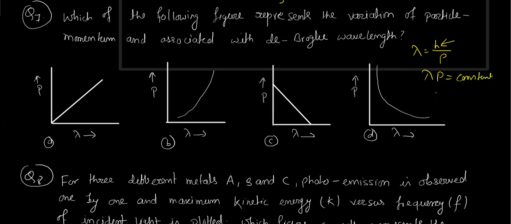So we have an expression similar to PV equal to constant. For this kind of expression the nature of the graph must be hyperbolic.